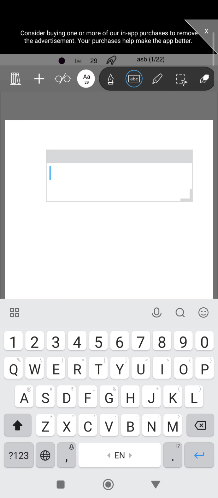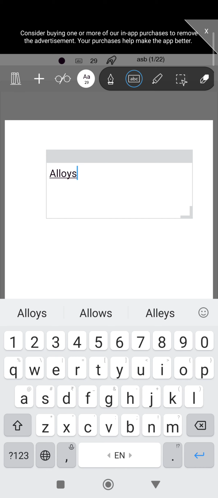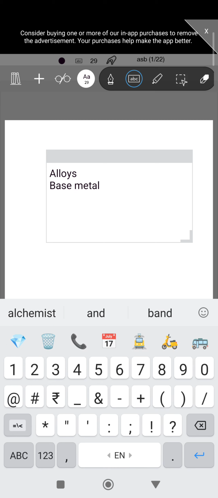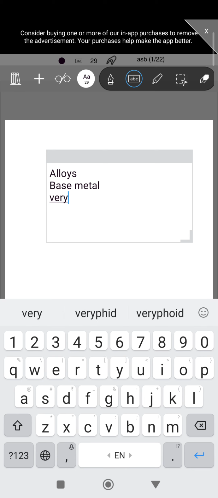When we are talking about alloys, it basically means that you have a base metal, and a very small amount of other metal has been incorporated.